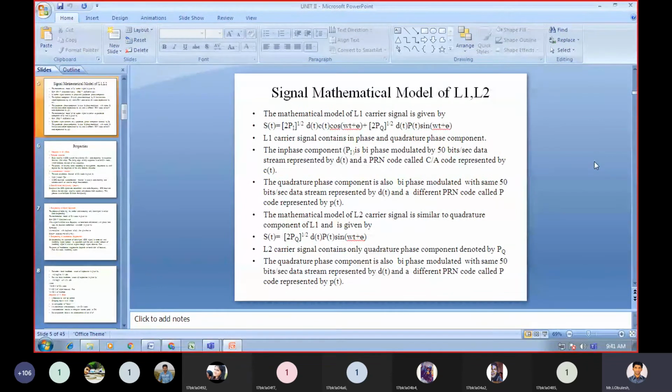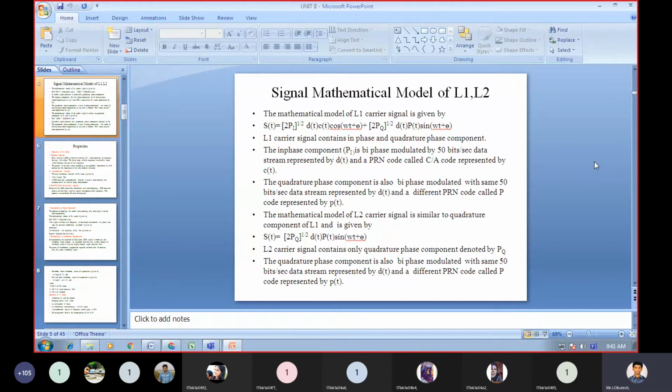Then coming to the signal mathematical model of L1 and L2. The mathematical model of L1 carrier signal. We have two carrier signals.